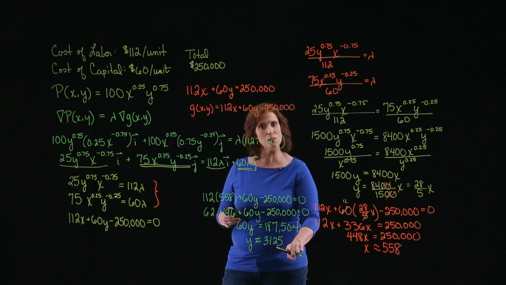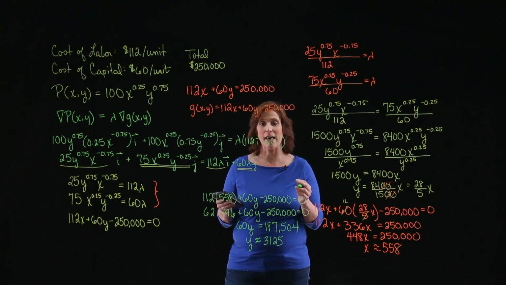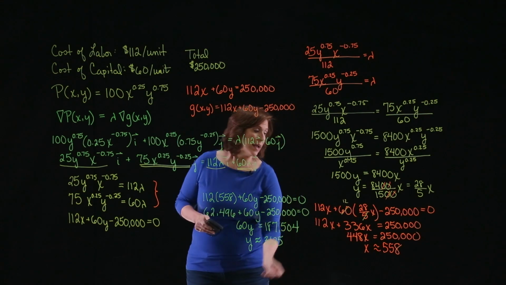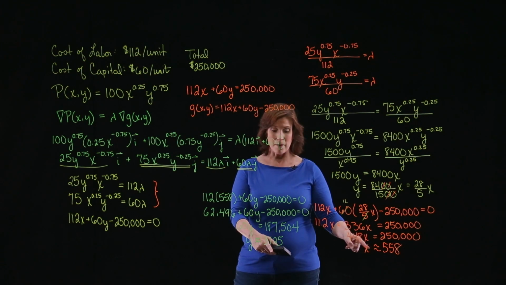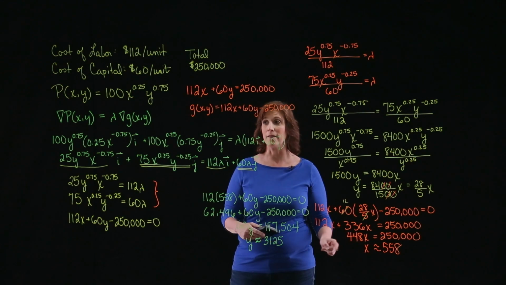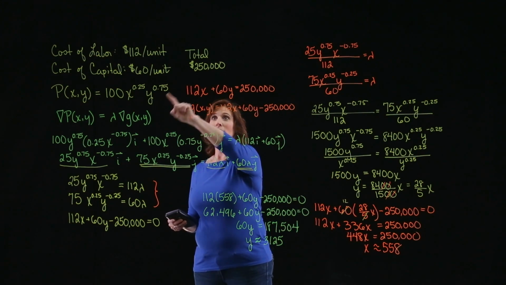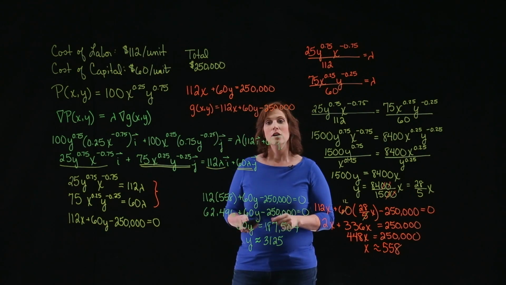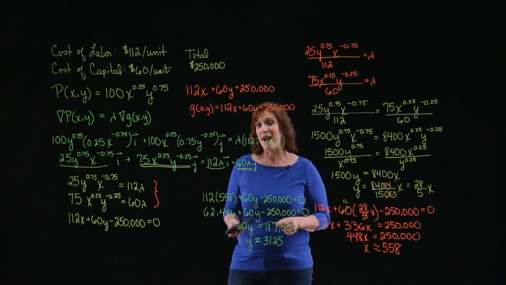And again, I've rounded this one down to guarantee that I keep within that $250,000 budget that I have. Okay, now, using Lagrange multipliers, this tells me that I have an extrema when x is 558 and y is 3,125. Based on my production model and also the constraints that I have, I know that's going to be a maximum.